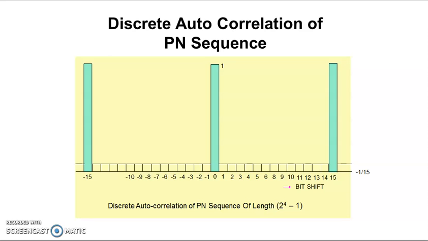Shifting and adding the PN sequence results in the same sequence with another shift, and the difference between agreements and disagreements, because we have the difference in the 1s and 0s, is always 1, which is the numerator of the equation. The product of the sequence with itself at 0 shift results in 2 raised to n minus 1; considering n as 4, there are 15 cases in this equation.